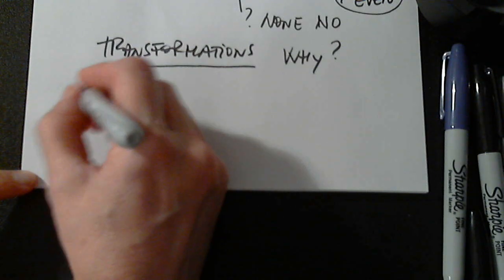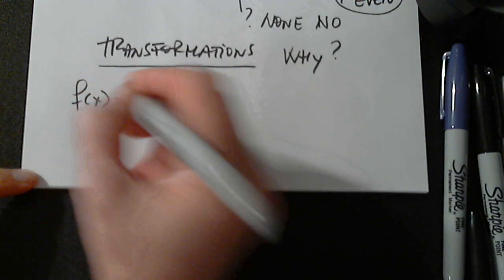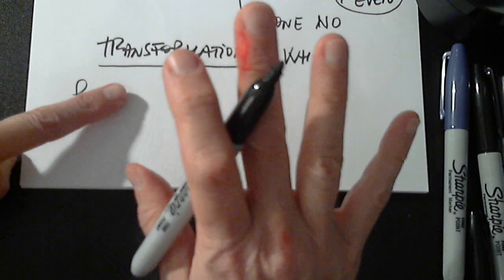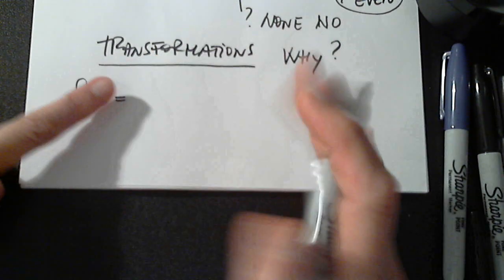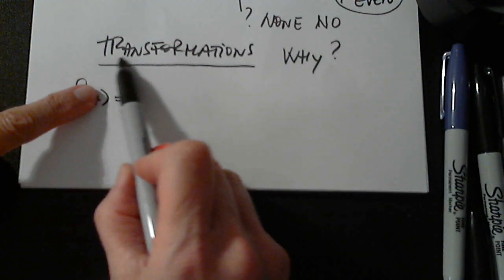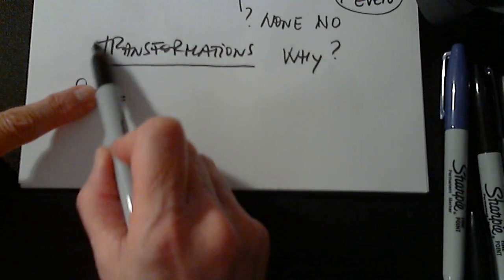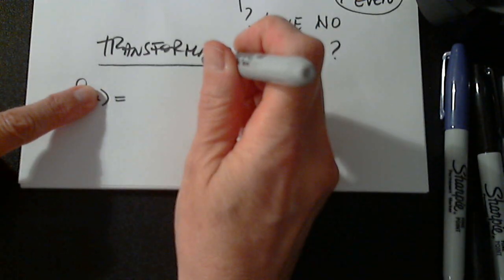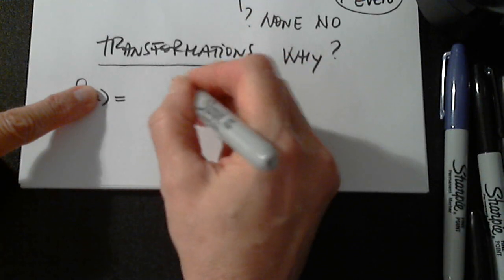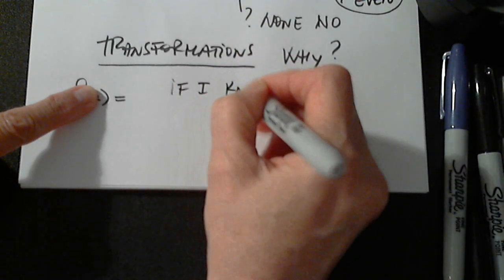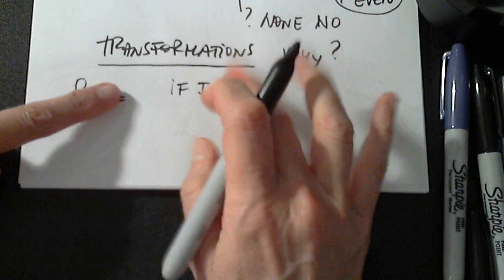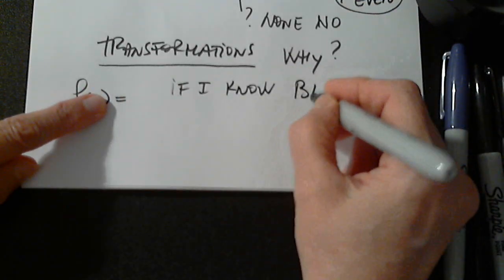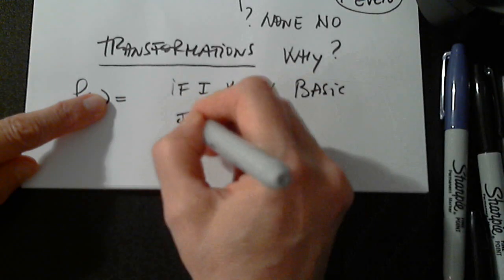So let's say we have the following function. I don't want to start with an example. I want to list something first. Sorry. So these transformations of functions are useful if I know basic functions.